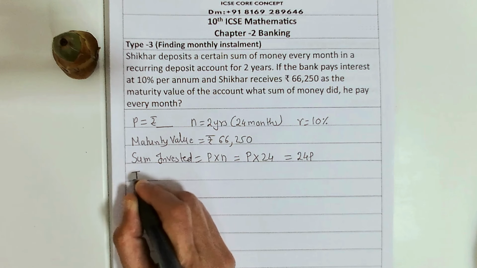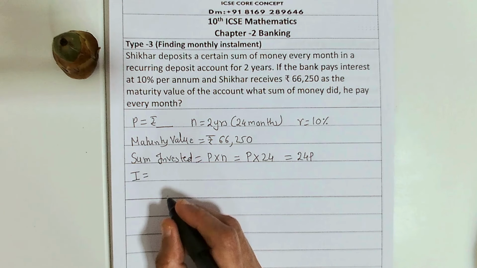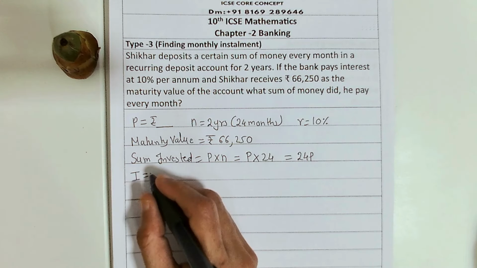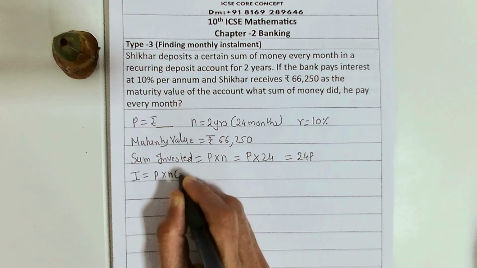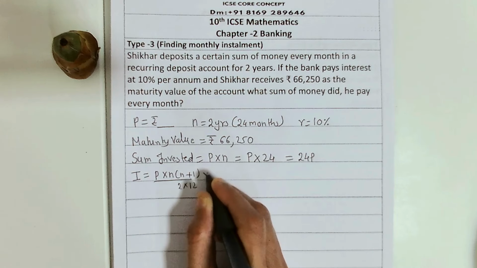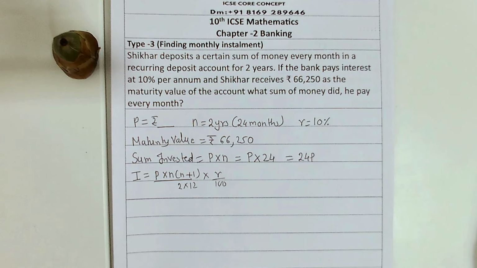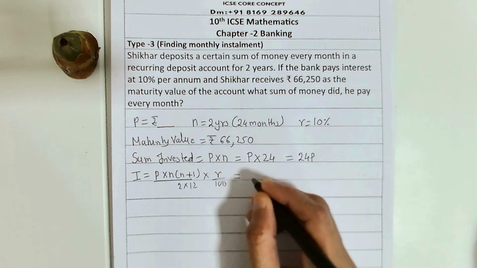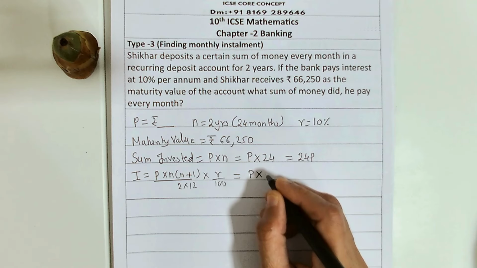Now the next step is interest. Let us find interest. Again, for interest we require principal, but we'll substitute principal as P. Always write the formula n into n plus 1 upon 2 into 12 into R upon 100. Correct students? Now let us substitute the values. This time again we don't know P, but the time is 24 months.